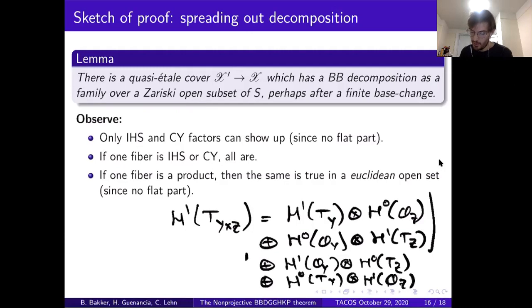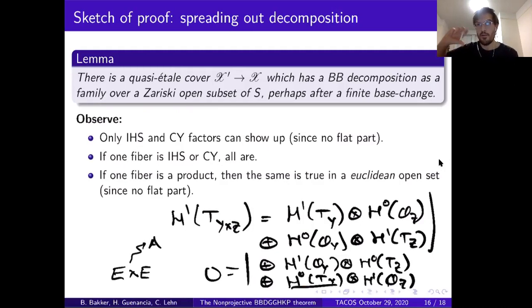Okay, so the point is that these don't show up. These are the factors where you sort of twist the product structure, and these do indeed show up for tori, because for instance, you could take a product of elliptic curves and deform it to an abelian surface that's not a product of elliptic curves, and that's because of the infinitesimal automorphisms that we can twist by. But because we've eliminated the flat factor, this doesn't happen.